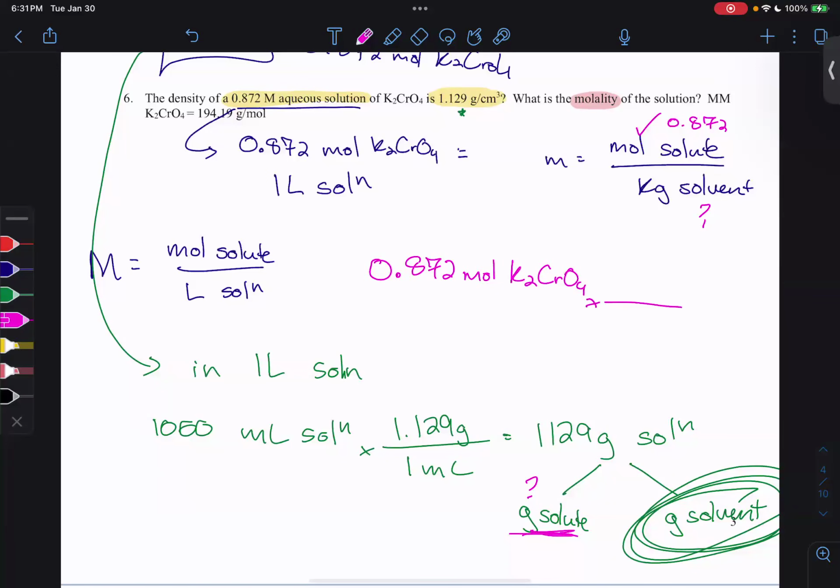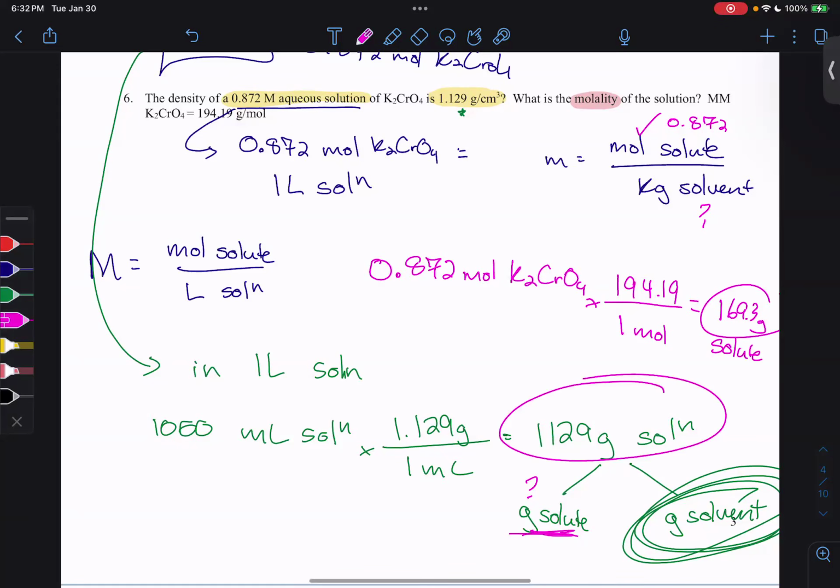So I gave you the molar mass. So in 1 mole, that weighs 194.19. So the solute in this solution weighs 169.3 grams. And so that is how much the solute weighs.